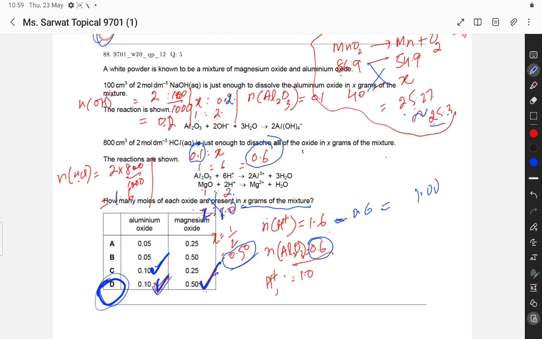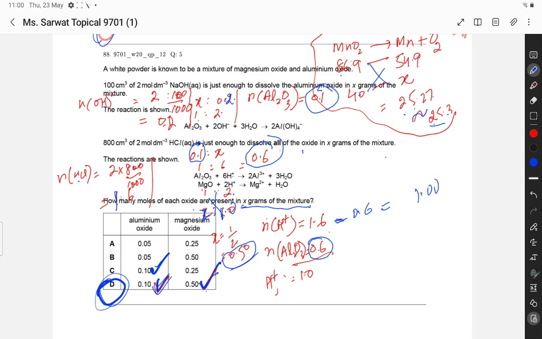So first you have to calculate the mole of sodium hydroxide, then the mole of aluminum oxide. In this reaction, the mole of aluminum oxide is 0.1. The mole of aluminum oxide which reacts with the HCl is 0.6, and we know that the actual mole of HCl is 1.6.